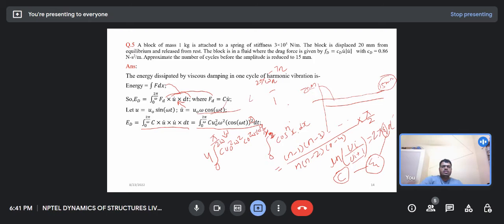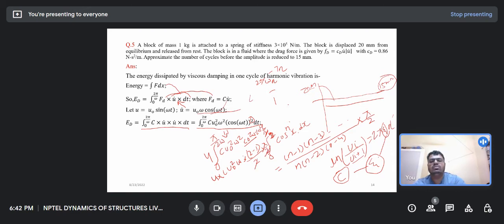For even power, that is 4 into c u naught square, divided by omega, so one omega is cancelled out. That can be written as n minus 1, that is 2 minus 1, and the further terms diminish, and in the bottom it will be 2, multiplied by pi by 2.